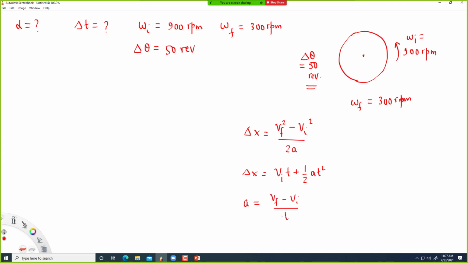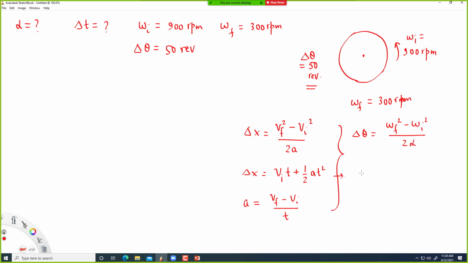Okay, so we have the angular counterpart of these three equations. x is denoted by theta, so delta theta, and v is denoted by omega: omega final squared minus omega initial squared, and a is denoted by alpha in case of rotation.